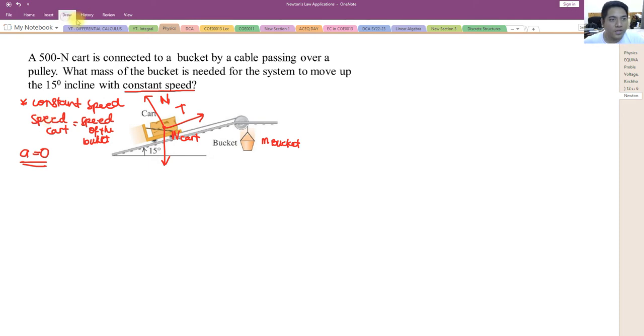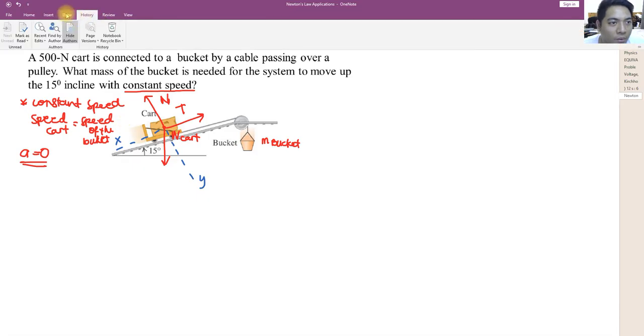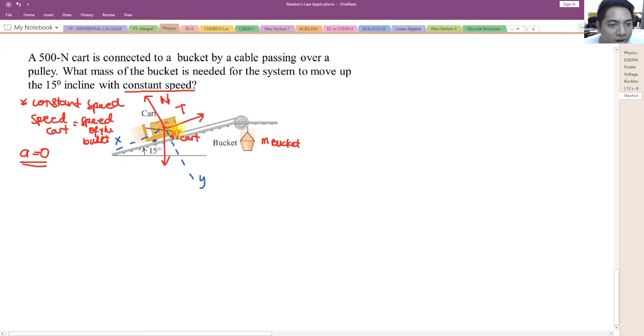So of course, if we draw the weight of the cart, this is our y-axis, and we will have another x-axis here. So this is our y, this is our x. Our weight for the cart will have a Wx and a Wy, x component and y component.